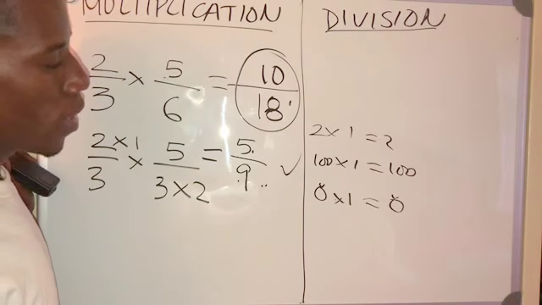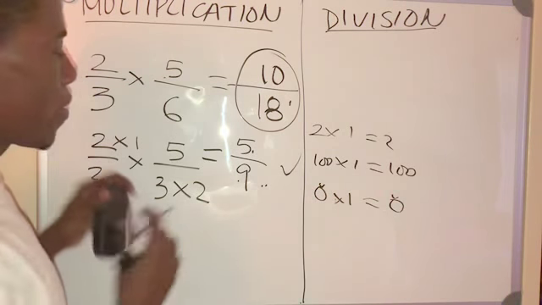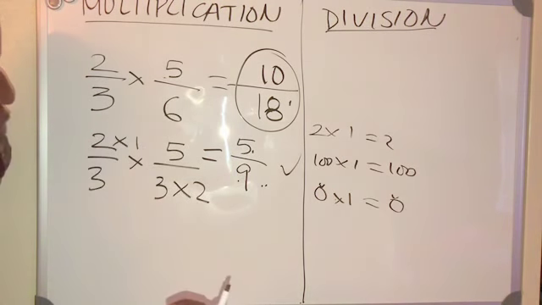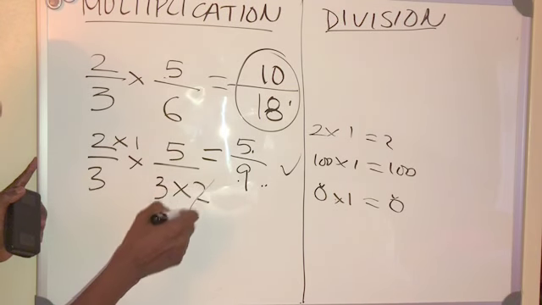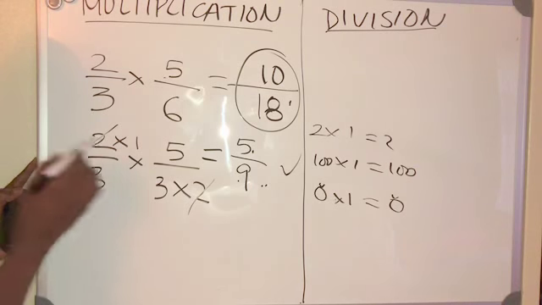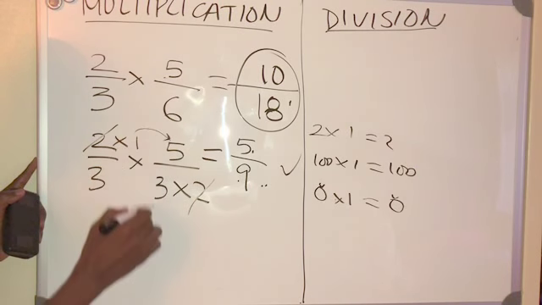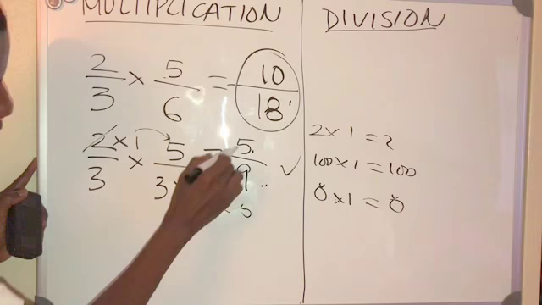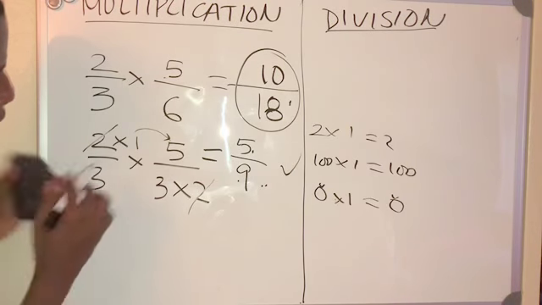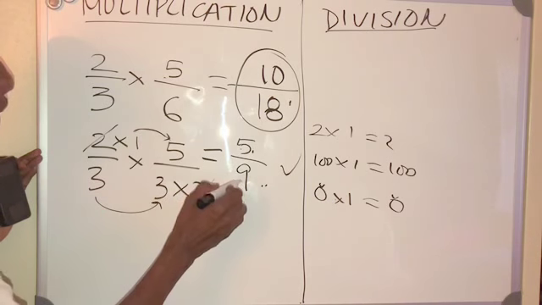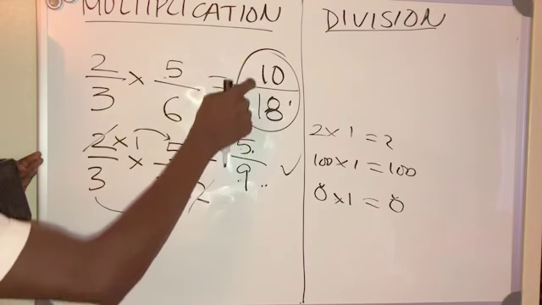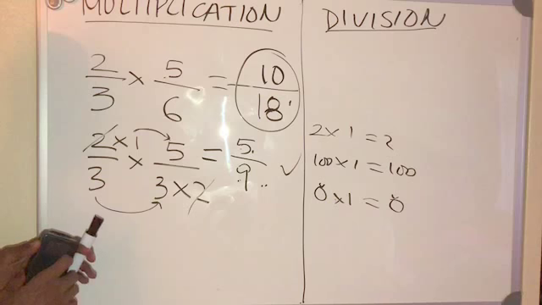So anything you multiply by 1, you're gonna get the same thing. So 2 times 1 is the same as 2. So I see a 2 right here, a 2 right here. Okay, I can simplify these 2. And I say 1 times 5 is 5. And 3 times 3 is 9. So these two fractions are equal to each other.